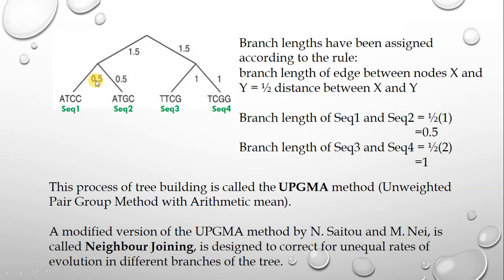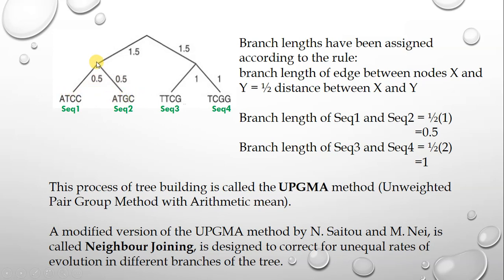But how are these branch lengths calculated? The formula is very simple, and let me teach you. The branch length of edge between node x and y will be calculated as 1 by 2 distance between x and y. It means the distance between this node and the distance between this node will be summed up and then divided by 2.